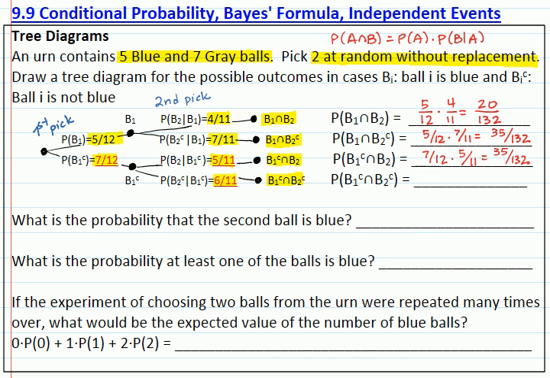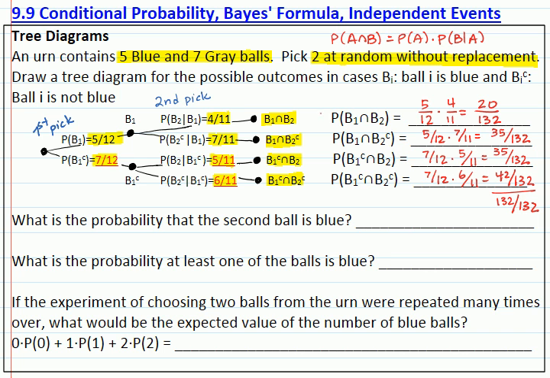And the probability B1 not blue and B2 not blue, 7 out of 12 times 6 out of 11, is 42 out of 132. You can add these probabilities to find them to be 132 out of 132 and confirm that you have calculated the probabilities correctly.